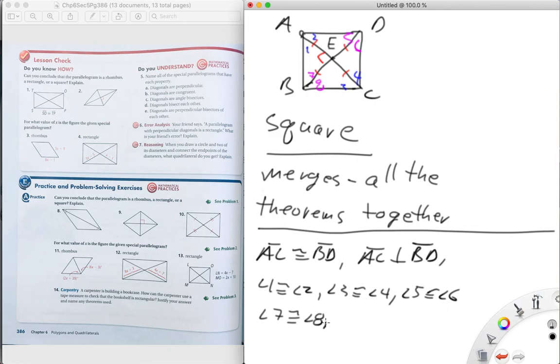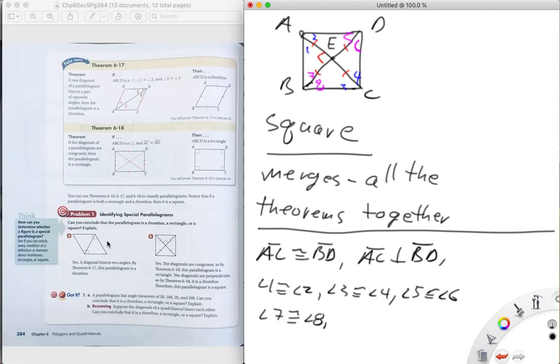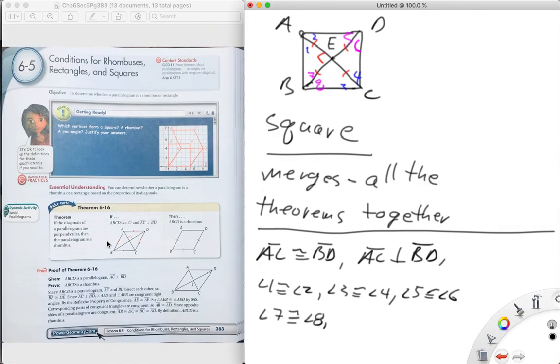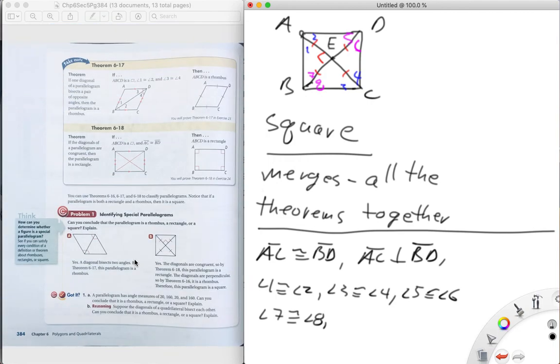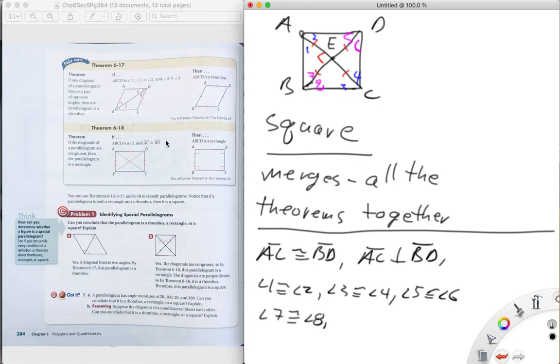So we've merged all the properties of a rhombus and of a rectangle, and we put them all together: perpendicular bisectors of their diagonals, opposite angles bisected, and the diagonals are congruent.